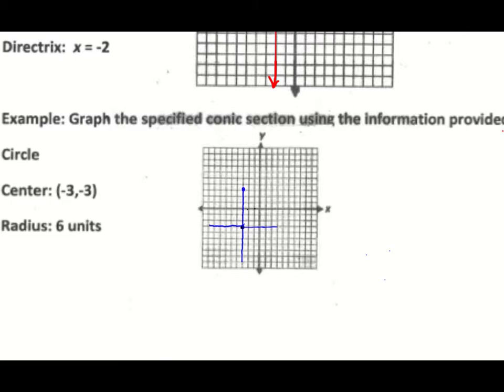I know these are going to be the outside of my circle. So I have all the points I need. I can connect those dots and draw a rough sketch of my circle.